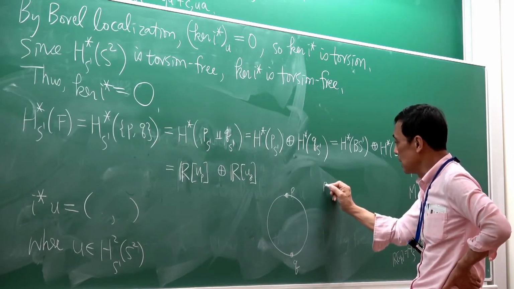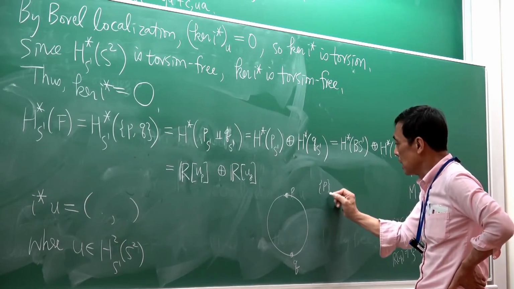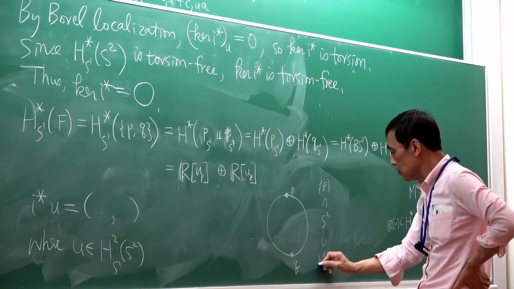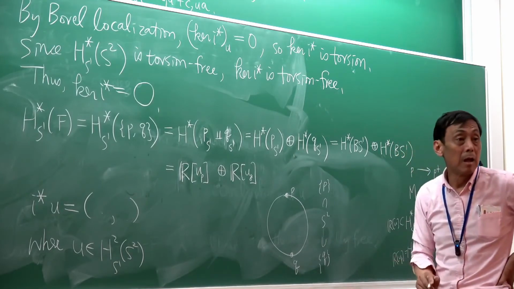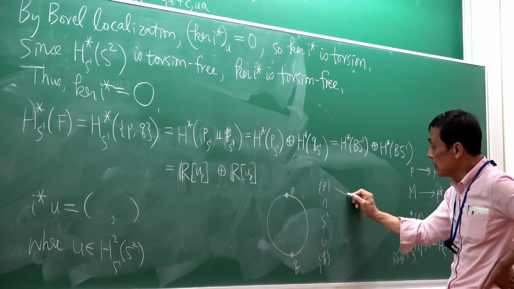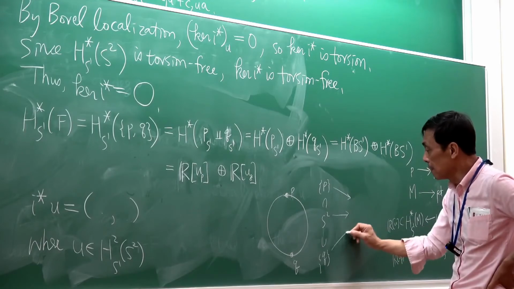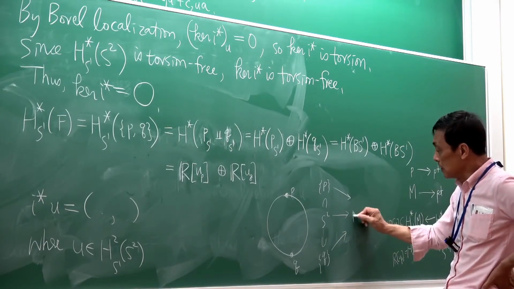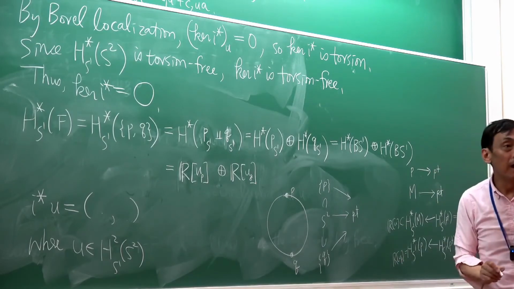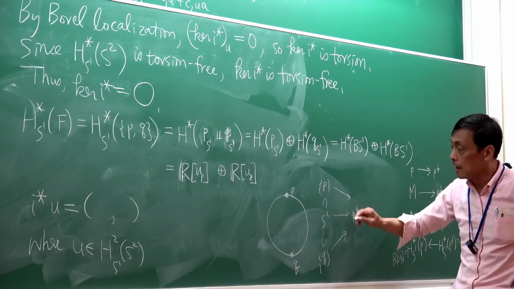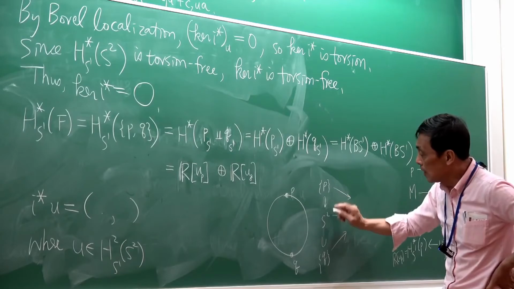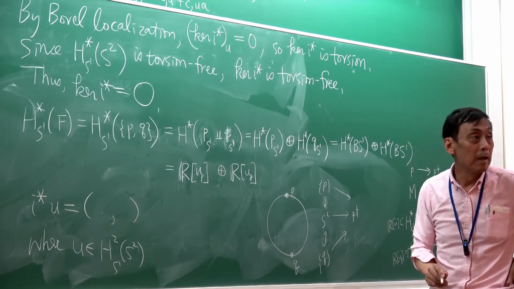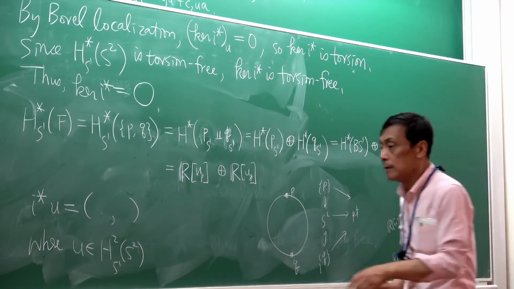So P is in S2, Q is in S2, and all these map to this point. Okay, so this is an inclusion. This is an inclusion.